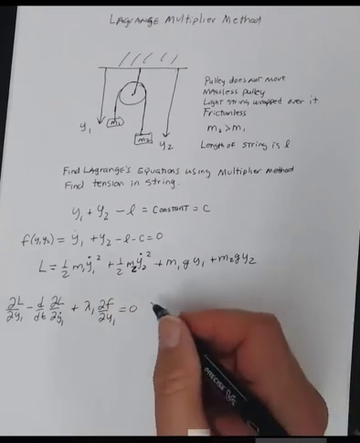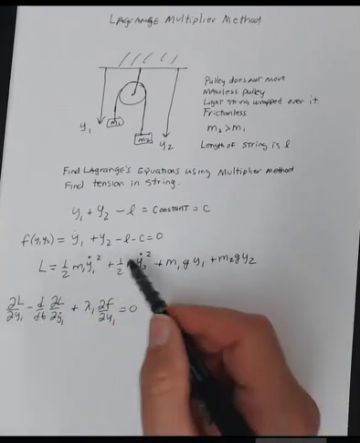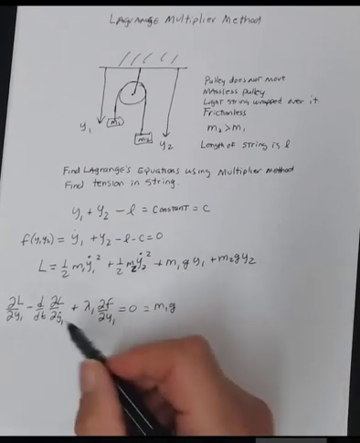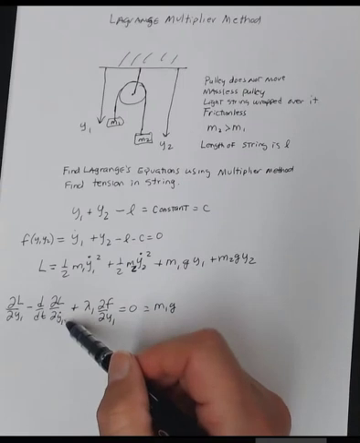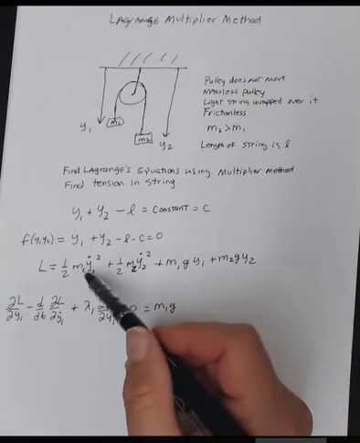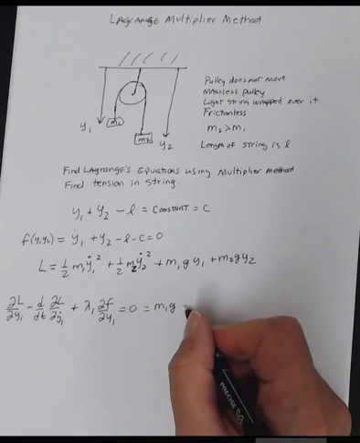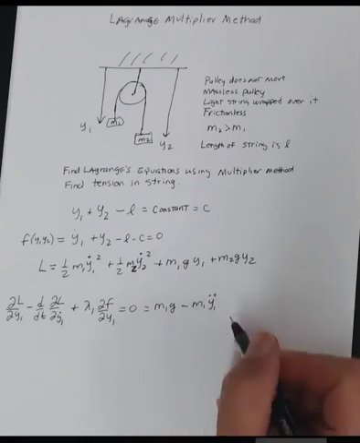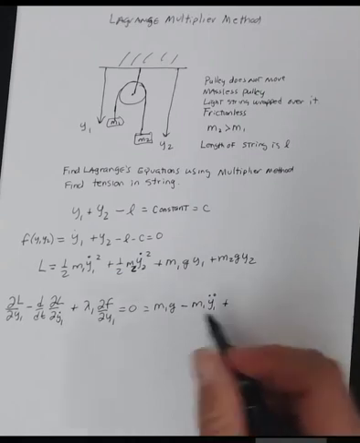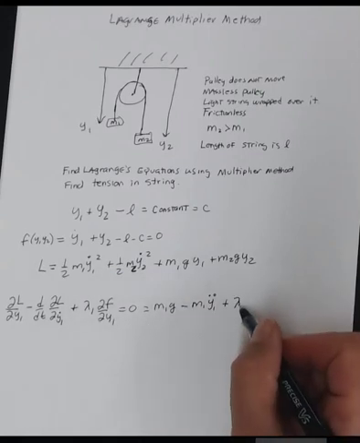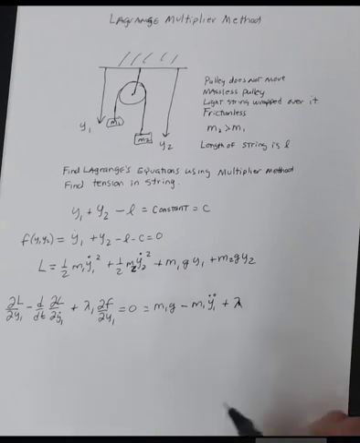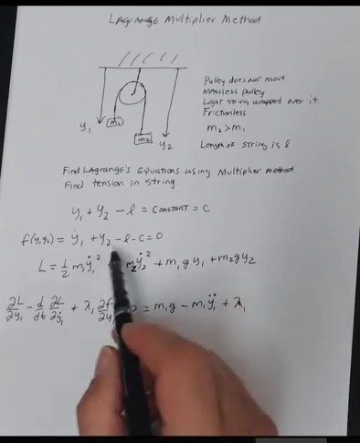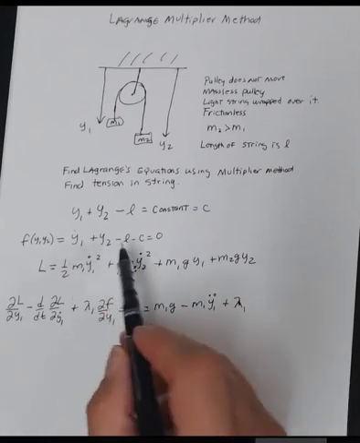So let's go ahead and do this. dL/dy1 gives me m1 g, and then dL/dy1 dot gives me m1 y1 dot, and then I take the time derivative, so I get minus m1 y1 double dot plus lambda 1. Since I only have one lambda, I'm just going to put the 1 there. The partial of f with respect to y1 is just 1.